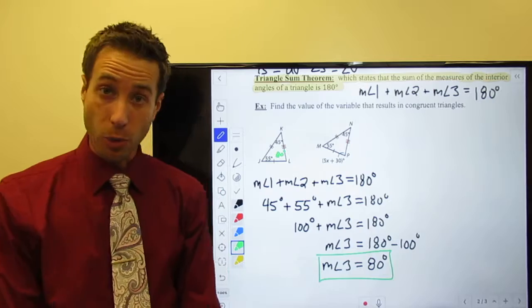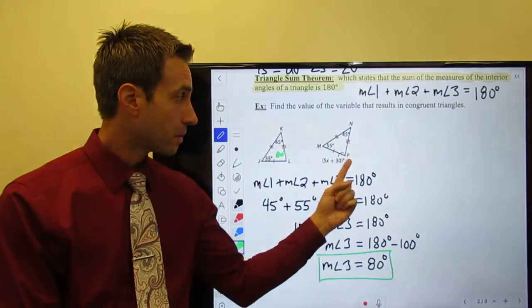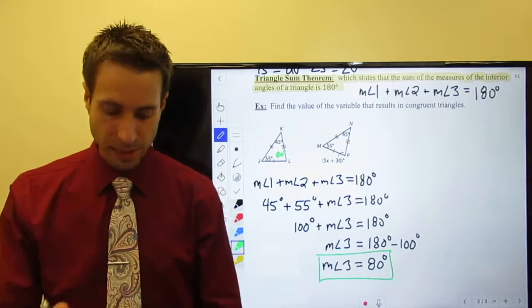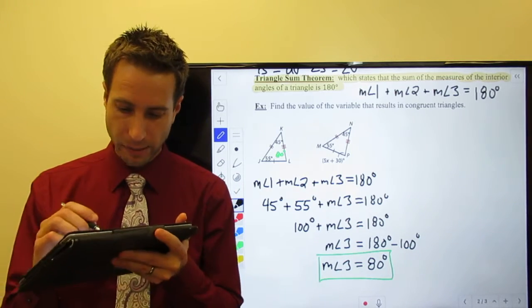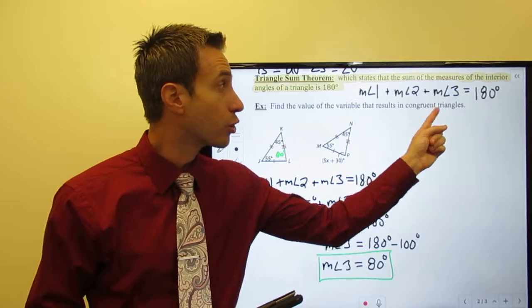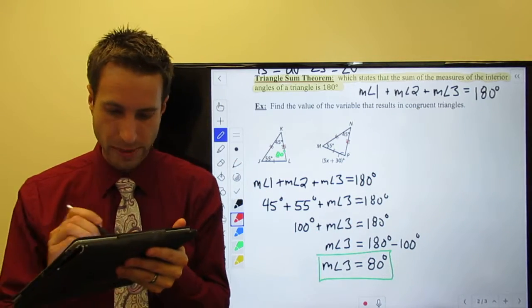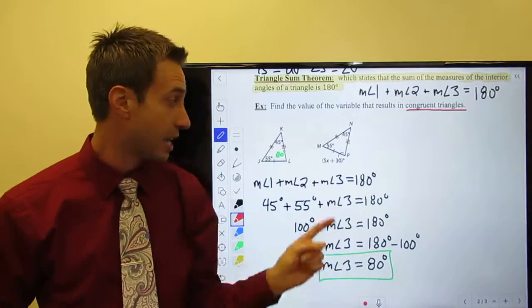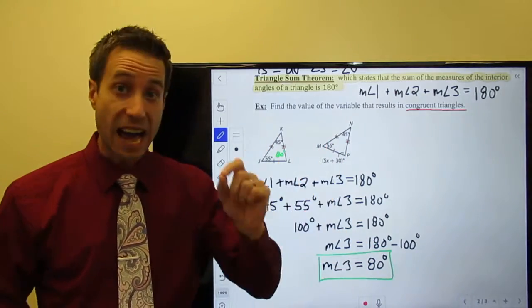Now, here's what I know. Angle L and angle P are corresponding angles, and they must be congruent. Congruent triangles is actually a really important statement. If these two triangles are congruent, then these two angles have to be the same.